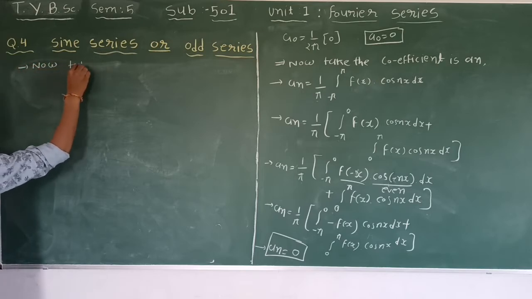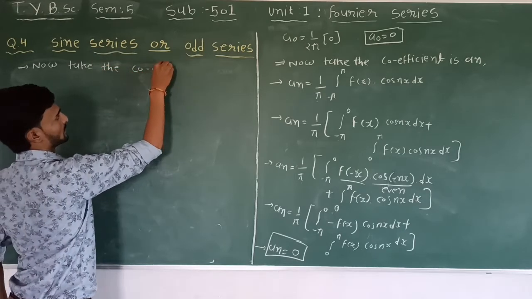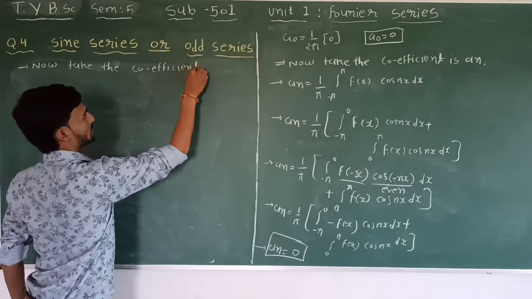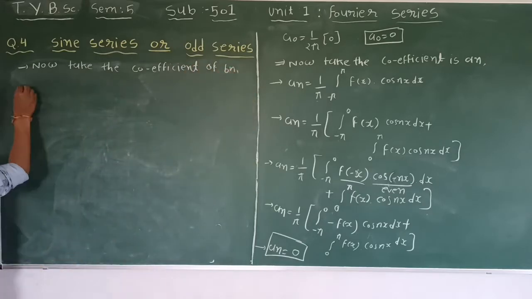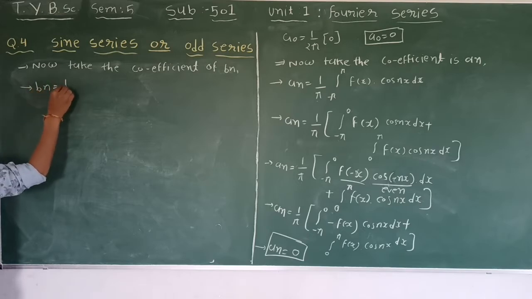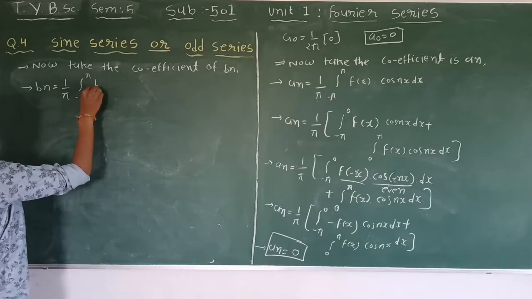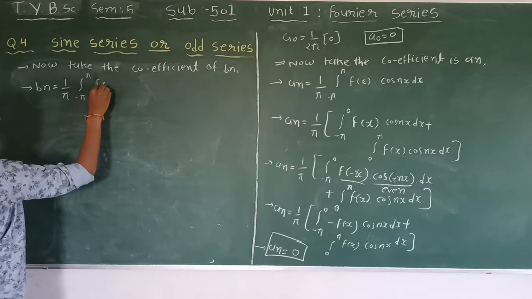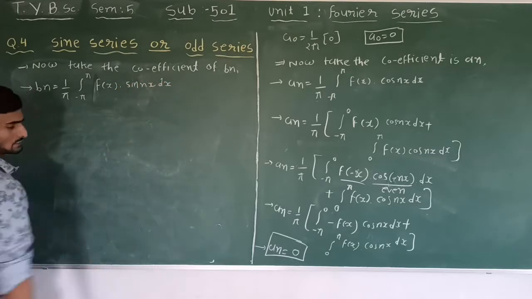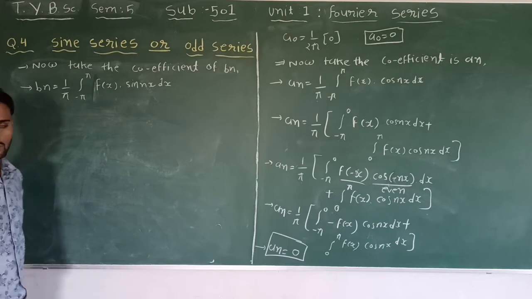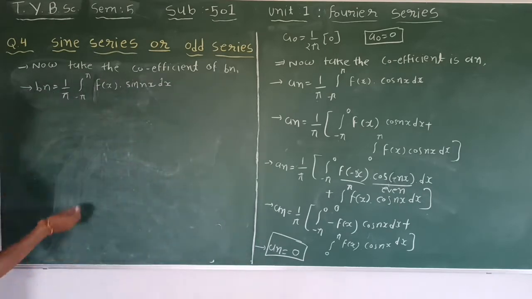Now take the coefficient Bn. The Bn equation is 1 upon pi, integral from minus pi to pi of f of x into sin nx dx. Integration from minus pi to pi has two parts, minus pi to 0 and 0 to pi.